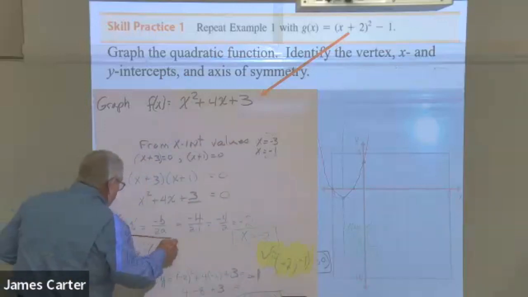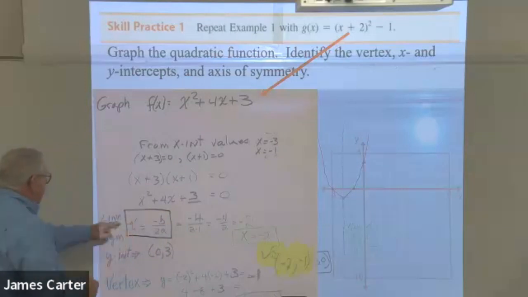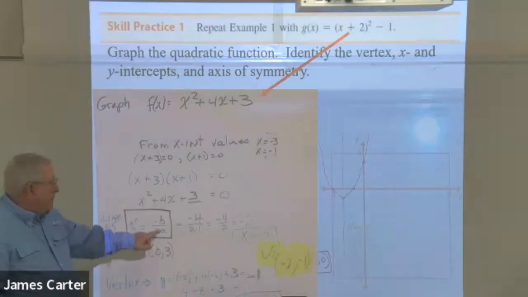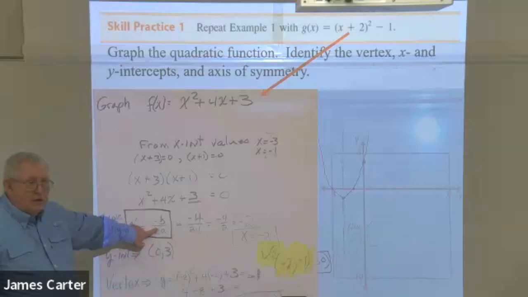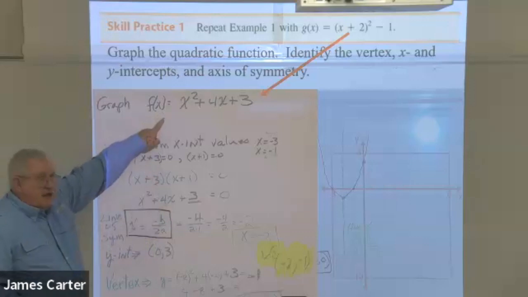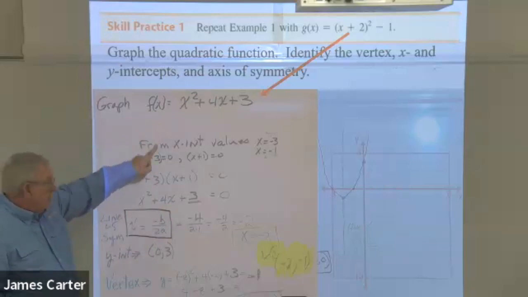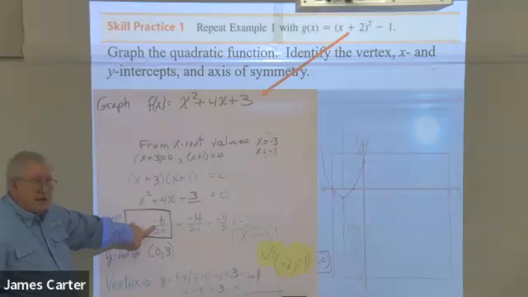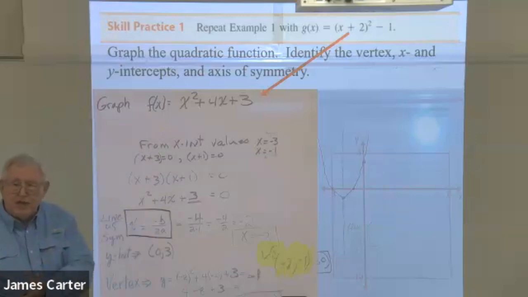Okay? So if we take this equation, there's something you need to know. This little formula right here, x equals negative b over 2a. That is the formula to find the line of symmetry from this style equation. Okay? That's the formula to find the line of symmetry, which is the first step in finding the vertex.